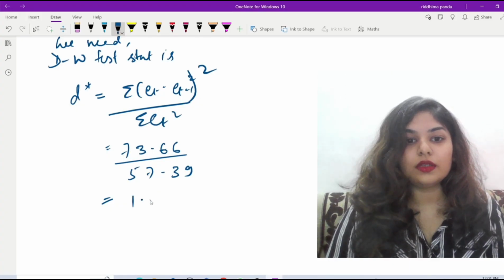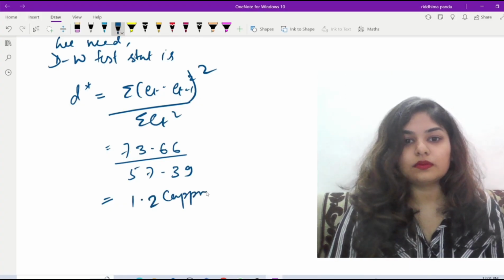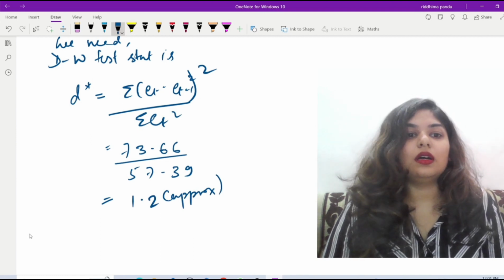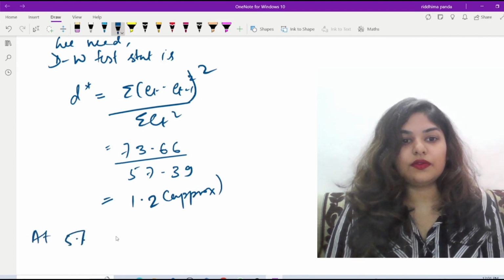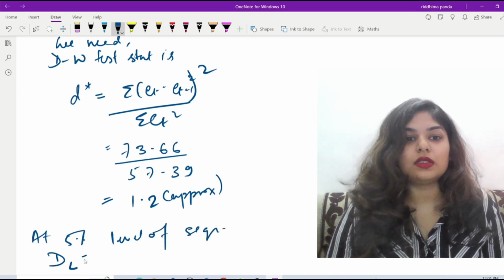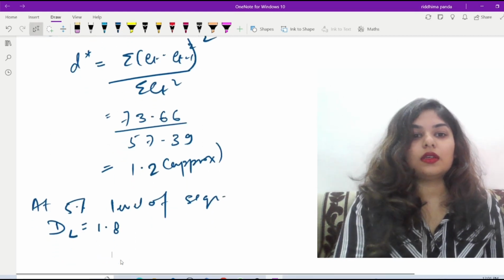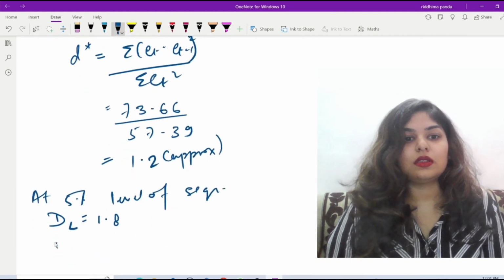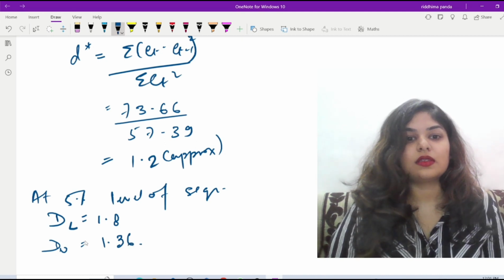The answer that we have got is approximately 1.2. Now to test at the 5% level of significance, the lower limit of the Durbin-Watson test, d_L, is 1.08 and the upper limit, d_U, is 1.36.